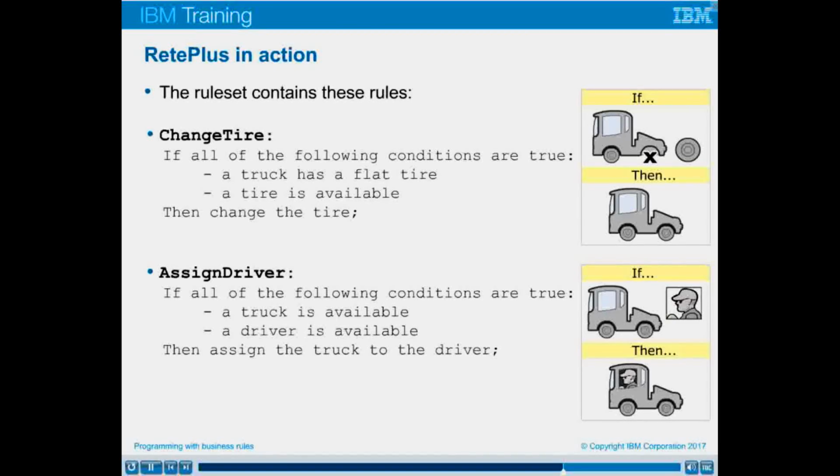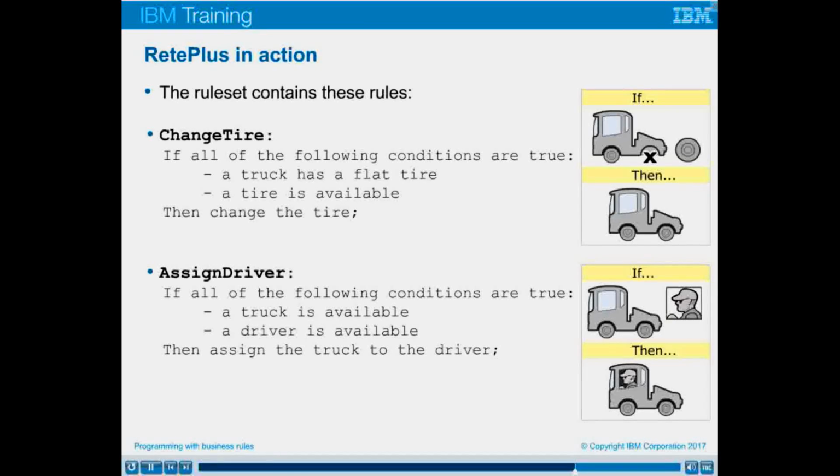Now these rules evaluate objects in working memory that are based on two BOM classes, the truck class and the driver class. In the BOM, both of these classes were defined with the update object state option selected. So that means if these objects are modified during rule execution, the rule engine will be notified and will re-perform the pattern matching process against these updated objects.